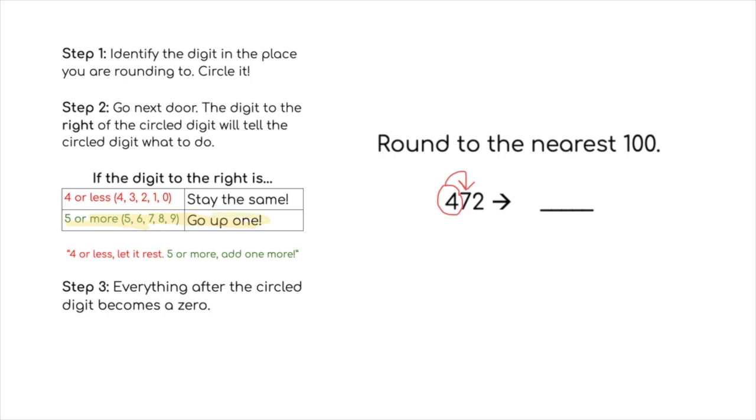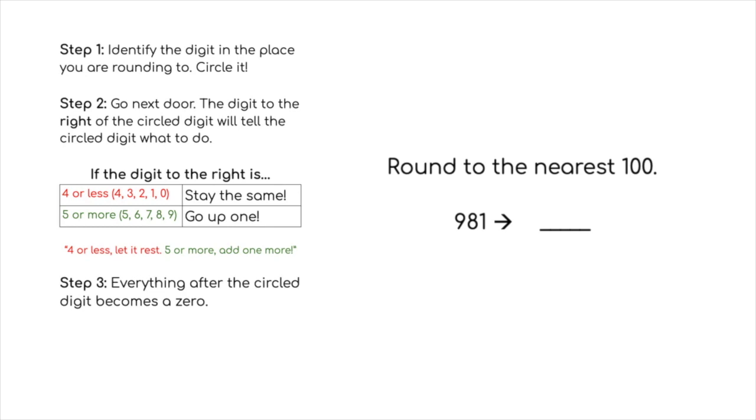So it tells the circle digit to go up 1. The circle digit is a 4, so if it goes up 1, it will become a 5. Step 3 tells us that everything after the circle digit becomes a 0. So the 7 becomes a 0, and the 2 becomes a 0. So 472 rounds to 500 when rounded to the nearest 100.